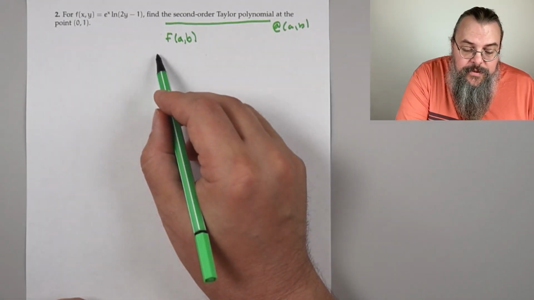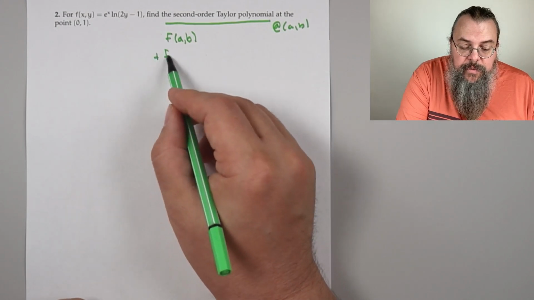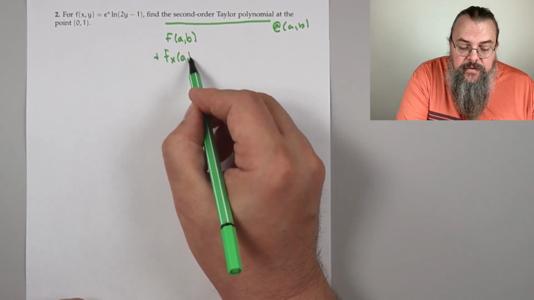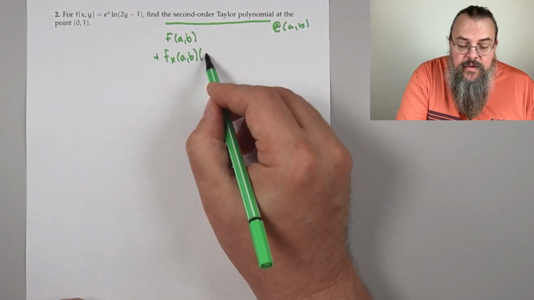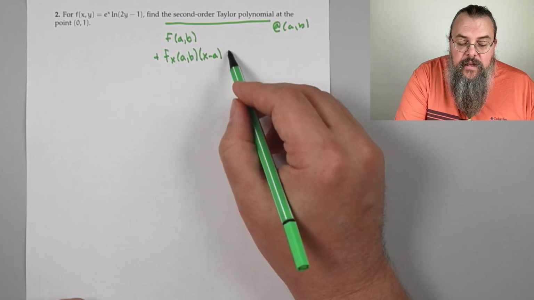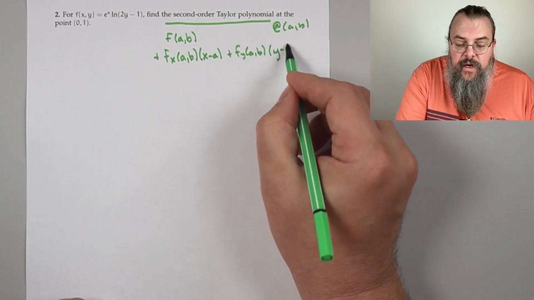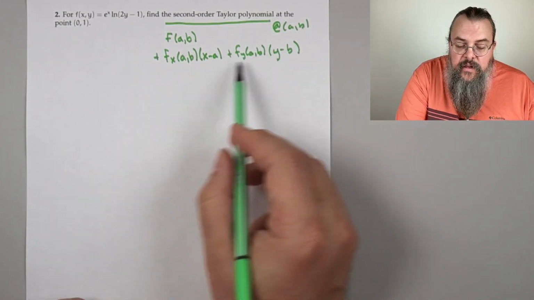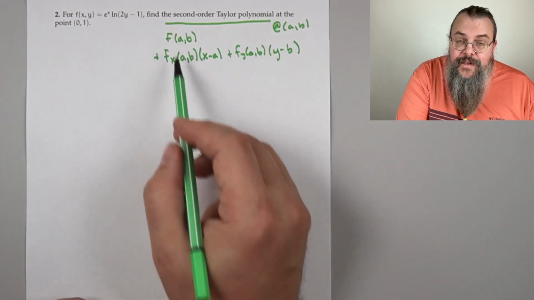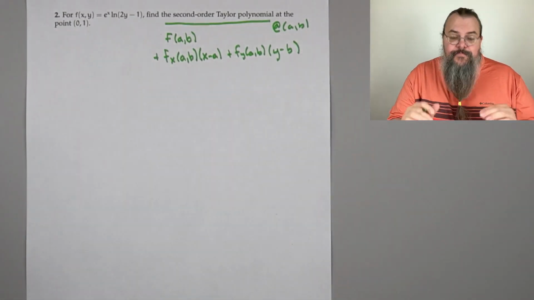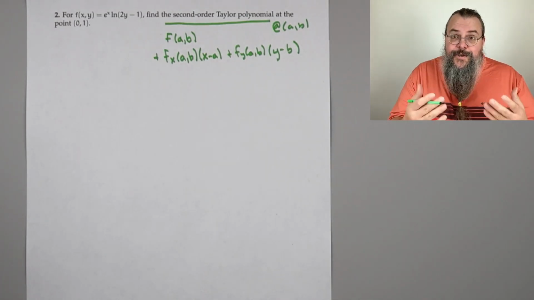The next layer, which would be the first order, the partial derivatives come into play. So f sub x of AB times x minus a, and f sub y of AB times y minus b. Now notice these are numbers you evaluate, not functions. All right, that's the first order.